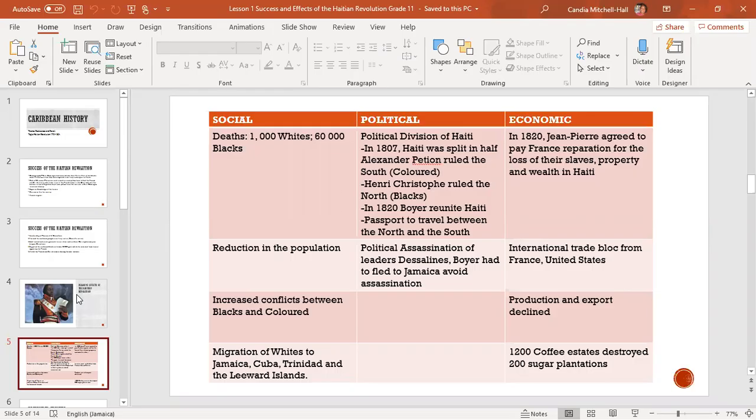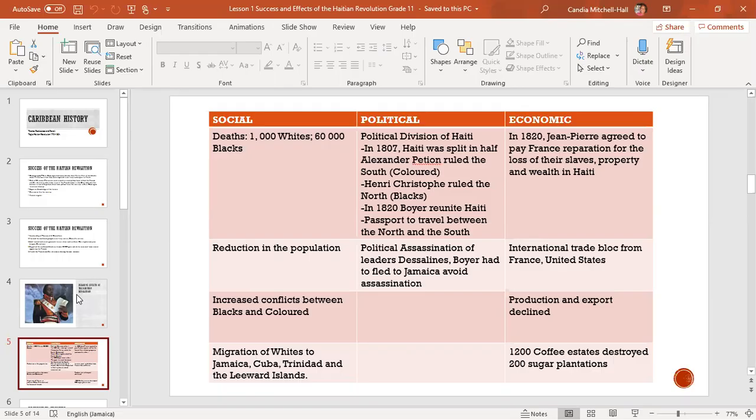So there's death all around, reduction in the population, conflict between the blacks and the colored. And as a result of the social tensions in the society, there was also the migration of whites and colored to Jamaica, Cuba, Trinidad, and the Leeward Islands.